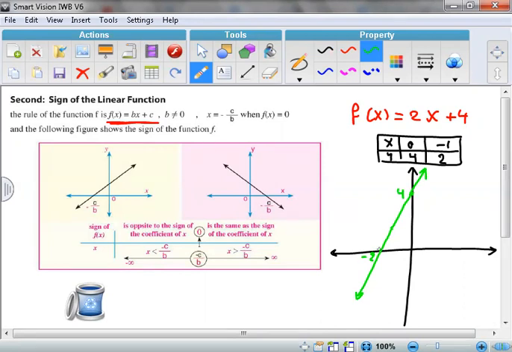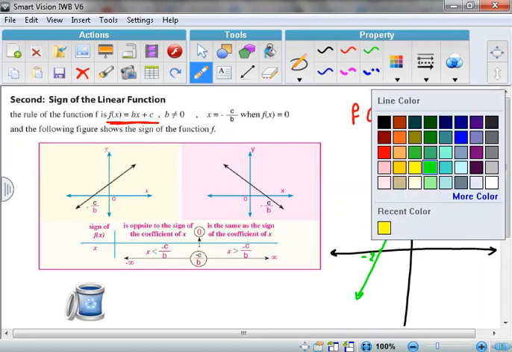Part of this line is in the positive y-axis, and the other part is in the negative y-axis. Which part is in the positive y-axis?